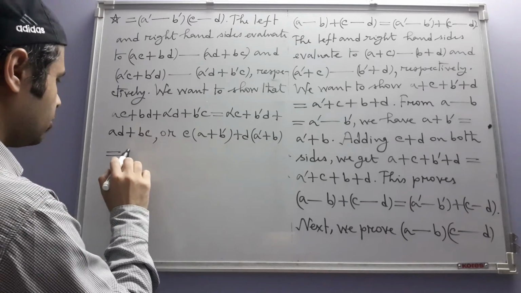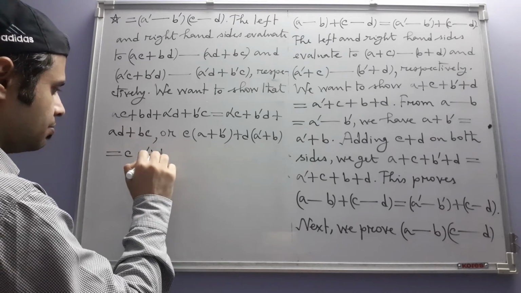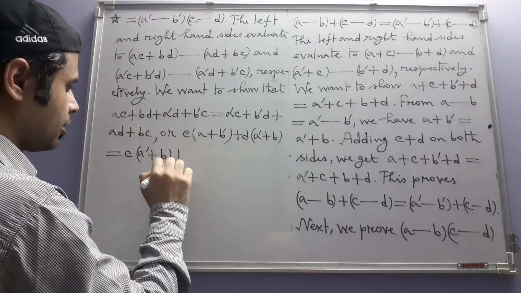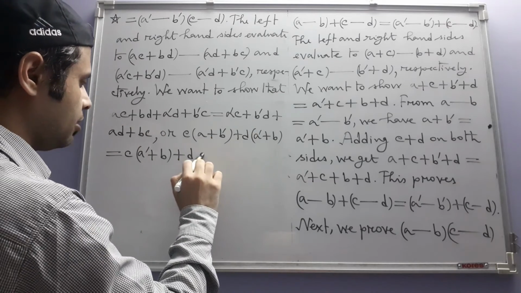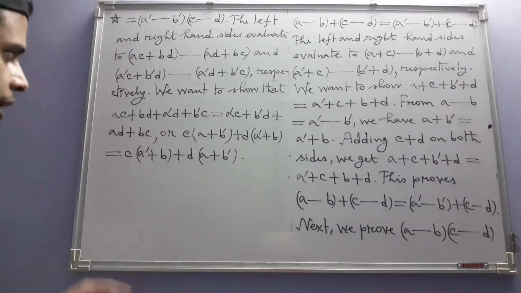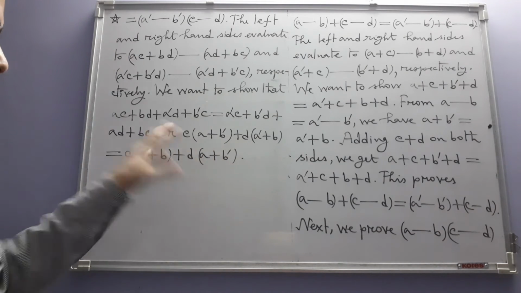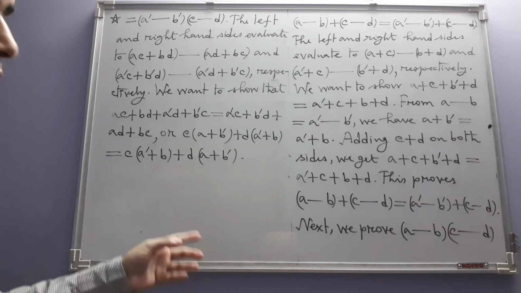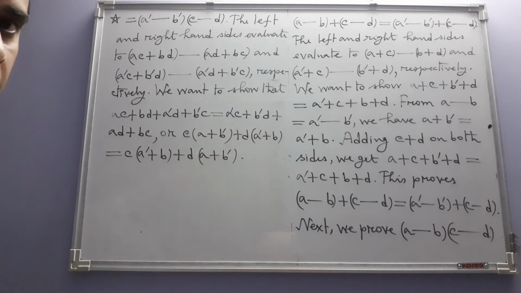A similar job done on the right hand side will give us what? If we take c common out, we get a prime plus b, and if we take d common out from this one and this one, we get a plus b prime. Note that in writing these expressions we have used whatever order we like for the multiplications and also for the addition.